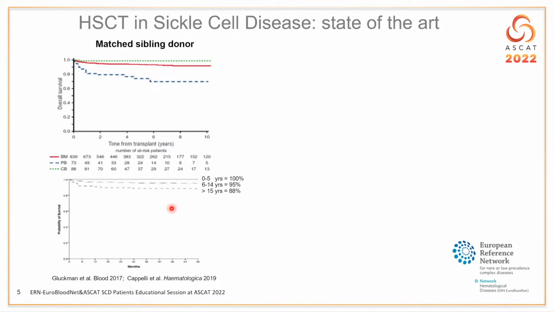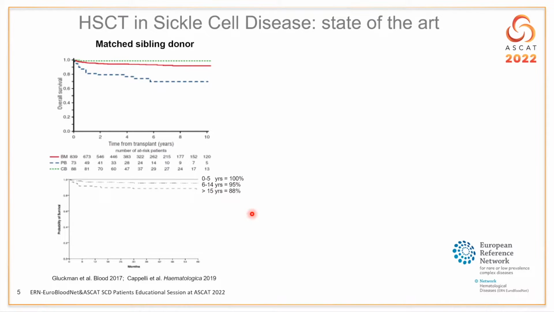In fact, as you can see here, if children are transplanted from a matched sibling donor when they are younger than 5 years of age, in this study, the authors reported a survival probability of 100%, but the survival probability progressively decreases with the increasing age of the patient. It is 95% for children and young adolescents, and it is a little bit less than 90% for adolescents or young adults.